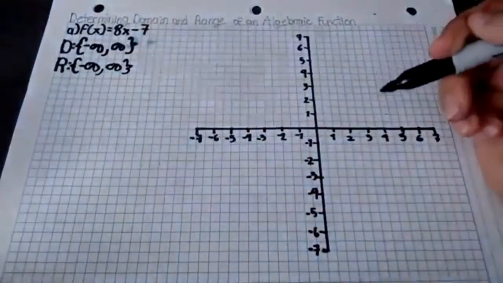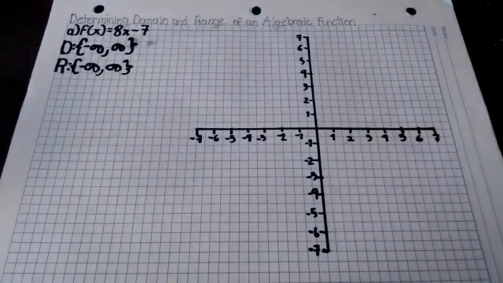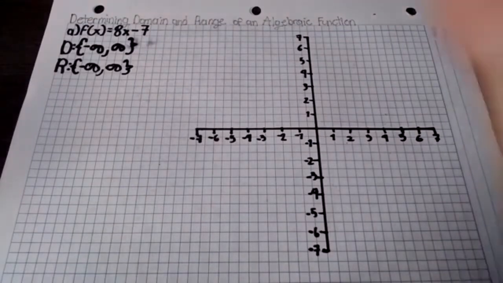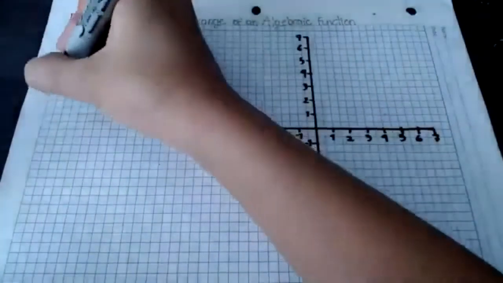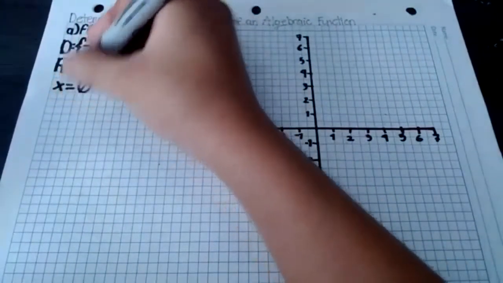Now to graph it, first we need to take out the first dot. In that one, x is going to be equal to 0.